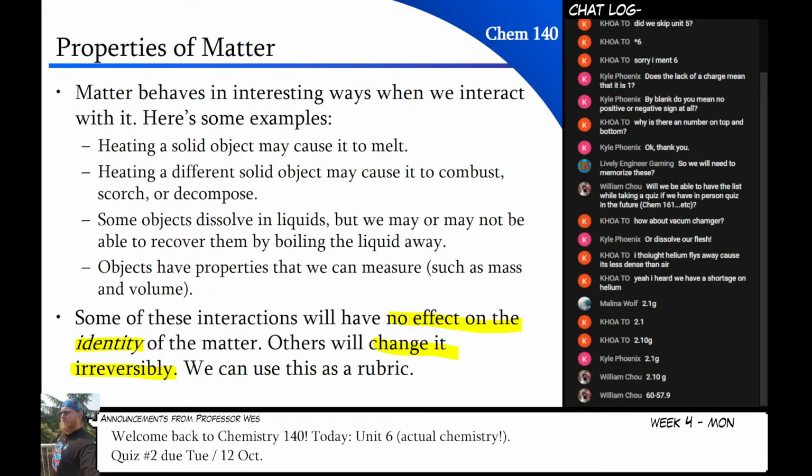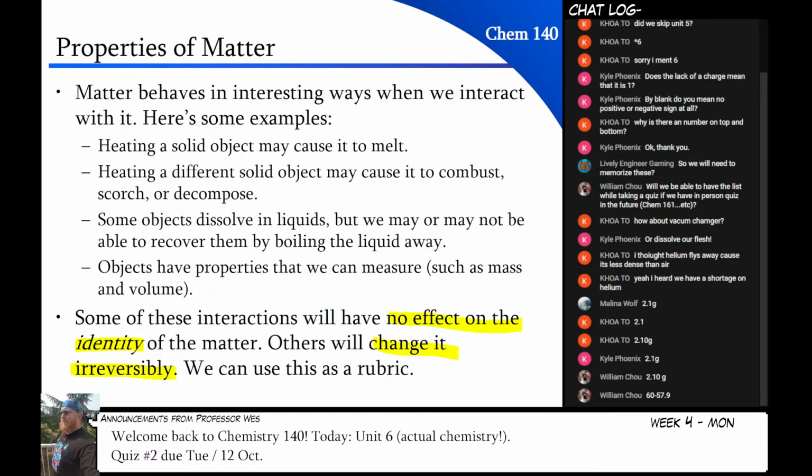However, if you dissolve the aluminum foil in hydrochloric acid, that's not going to be recoverable, right? If I burn it, like I combust it on fire, not going to have aluminum at the end anymore. I'm going to have something different. Does aluminum foil burn? It does under certain circumstances, it turns out.